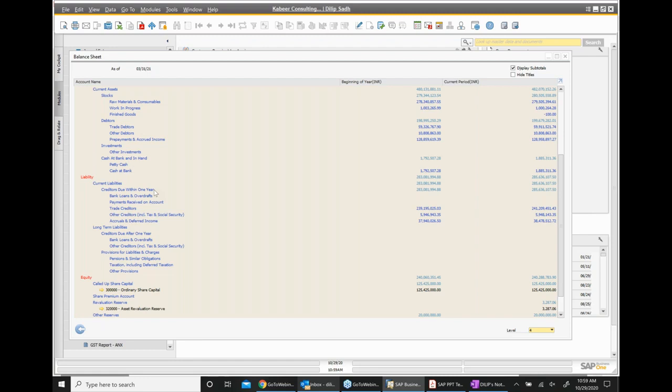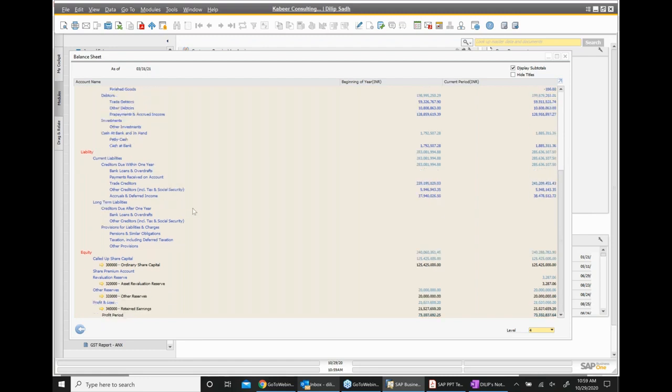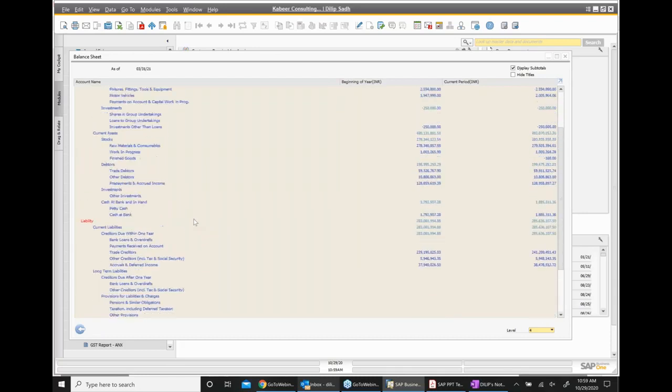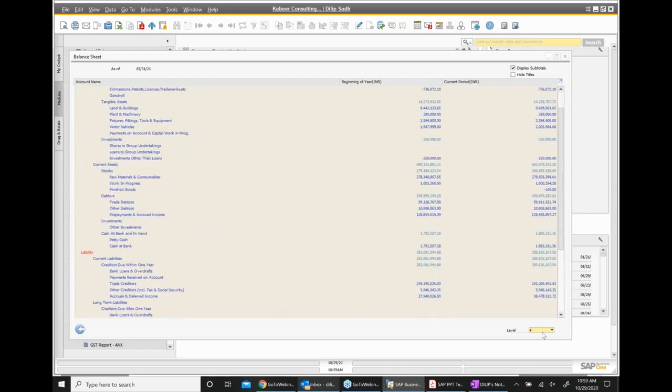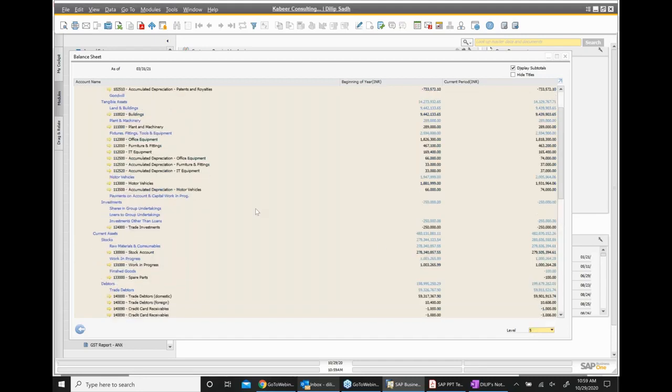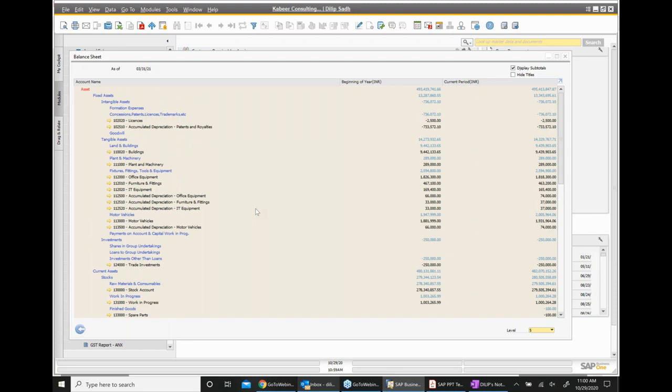And then we can have all these different accounts. That is level 4. If I want to go to level 5, we can go to level 5. This is level 5.